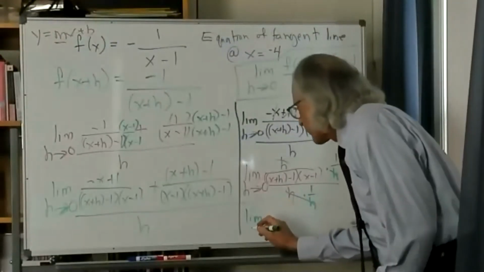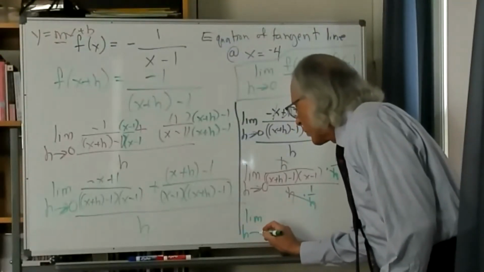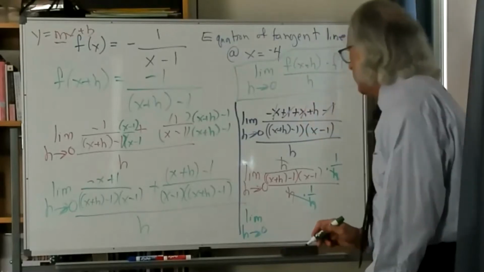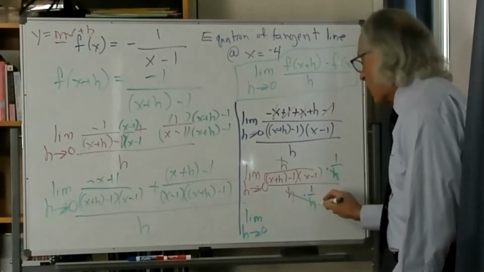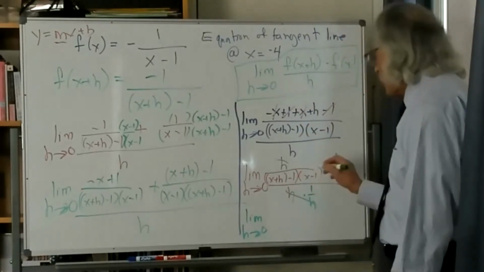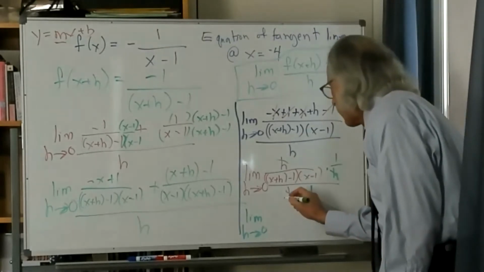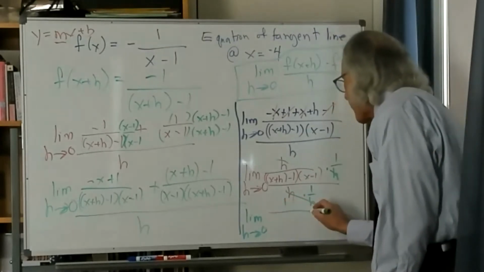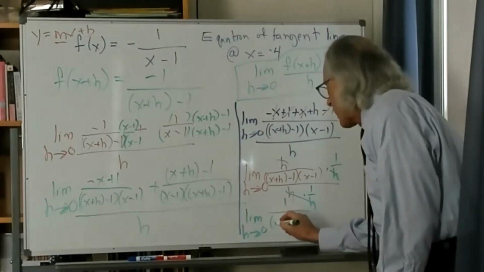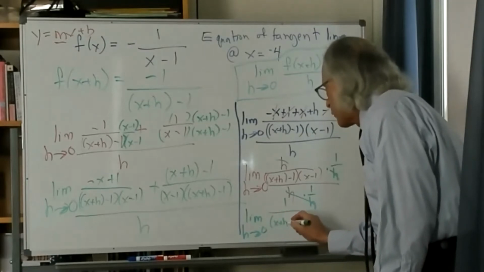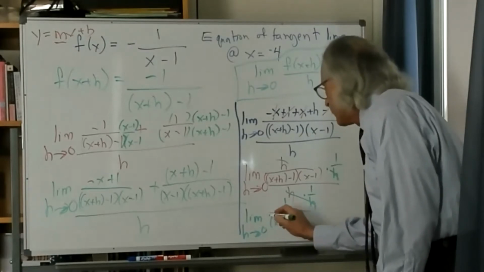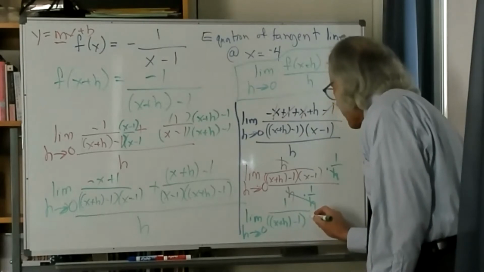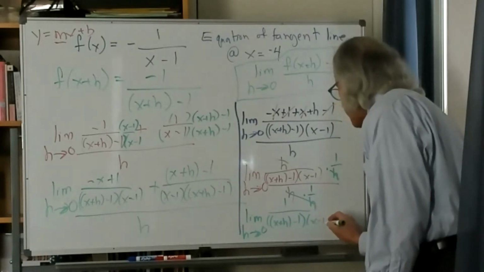So what I'm left with is the limit as h approaches 0 of, well, then my denominator is gone and my h is actually gone, 1 divided by x plus h minus 1 times x minus 1.